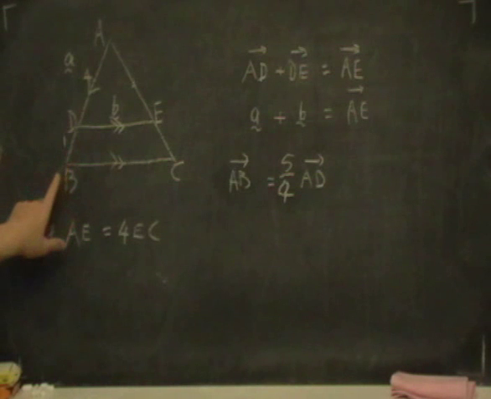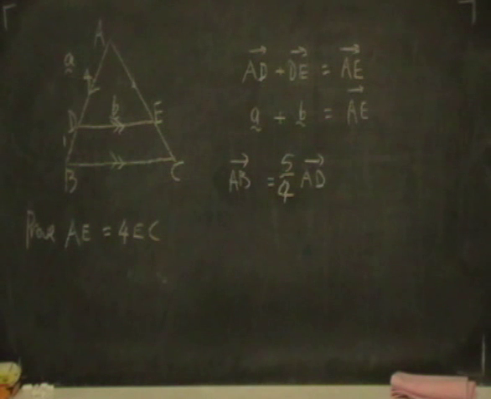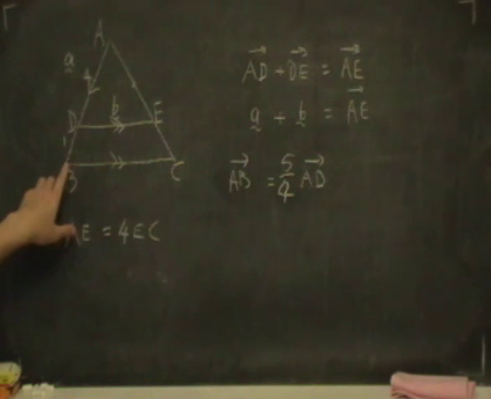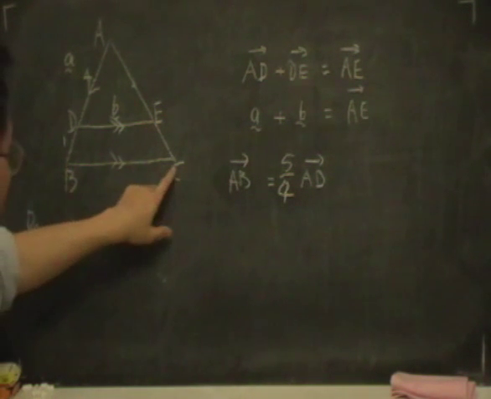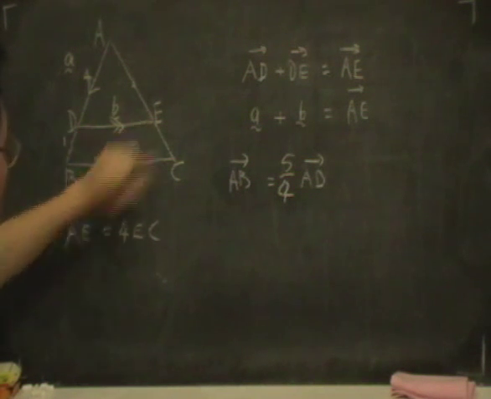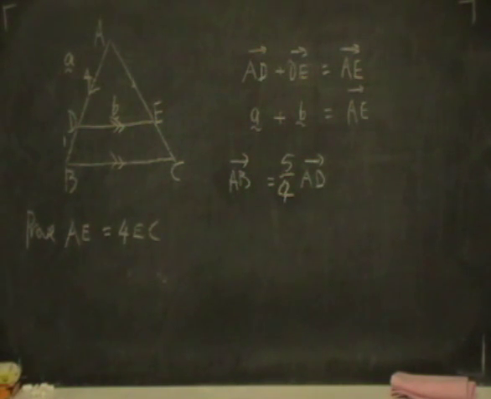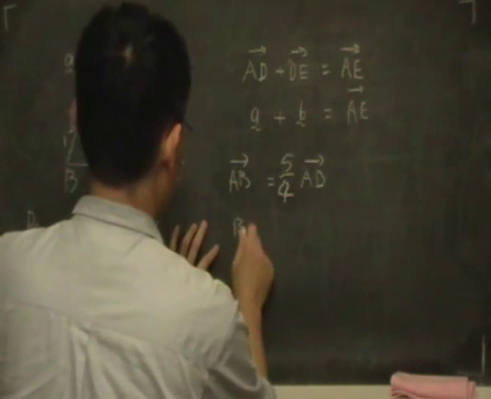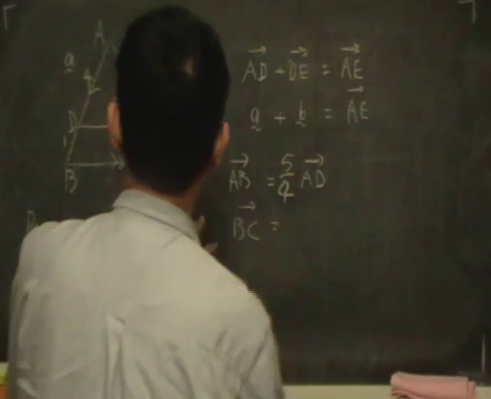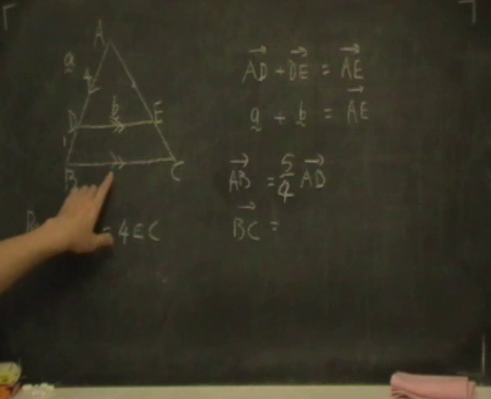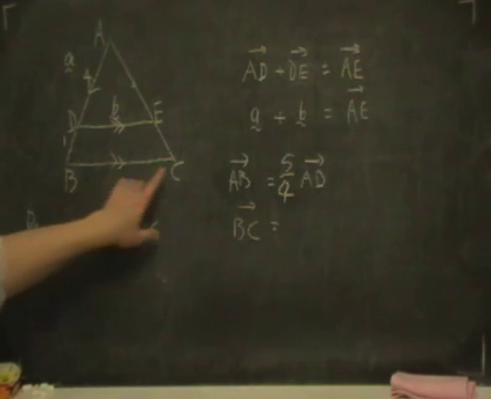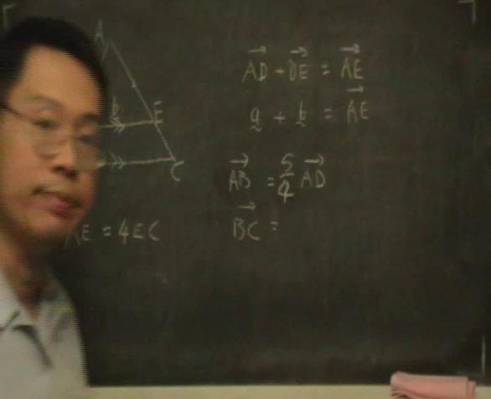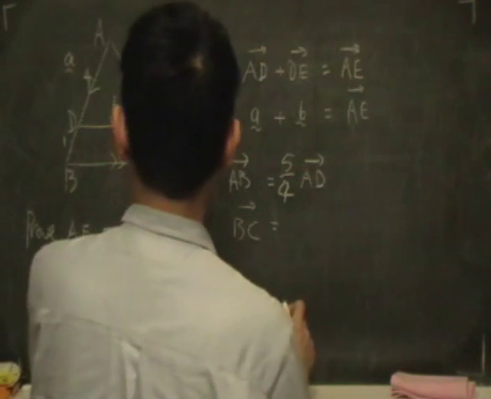Next, we'll look at BC. Now we know that BC is parallel to DE. So this means that BC must be some number multiplied by the vector b.